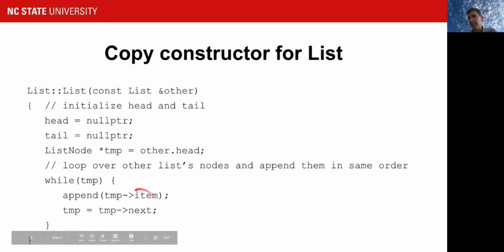The item is the data that's being stored in that node in the other list. Just by saying append temp arrow item, it's sticking that item into my list now. And then temp equals temp arrow next is part of our standard traversal code that moves temp down one item in the list. So this while loop will loop through the other list, appending each of its items one by one into my list.